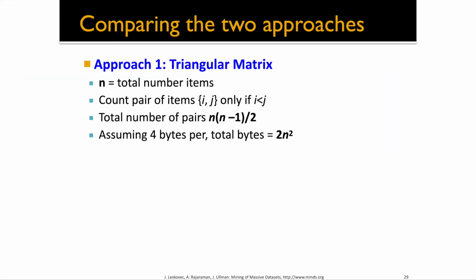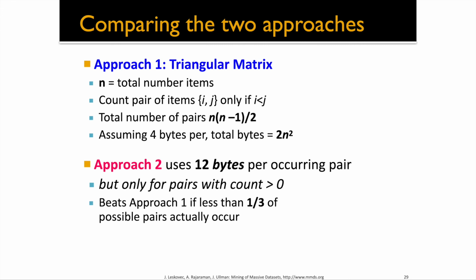And we actually can do this comparison and say, well, with approach 1, if we have 4 bytes per count and order n squared pairs, then we have 2 times n squared bytes if you do the math for n times n minus 1 over 2 times 4.